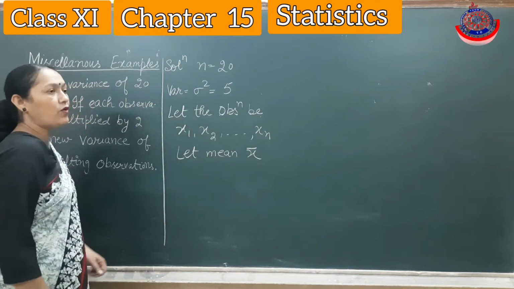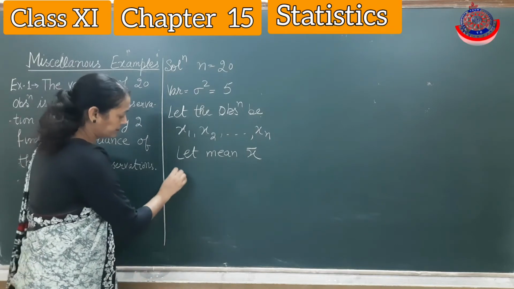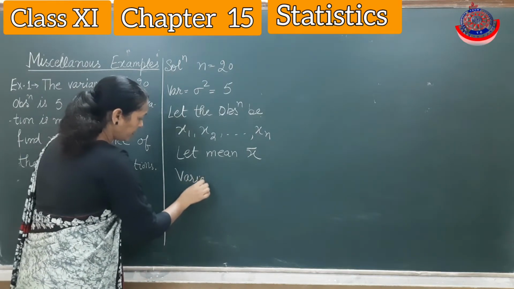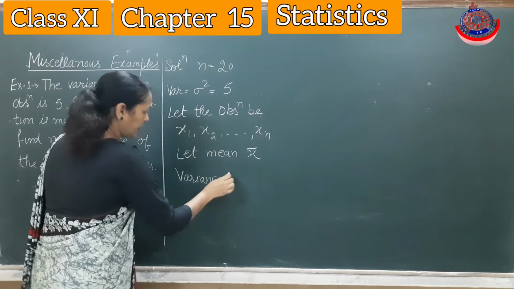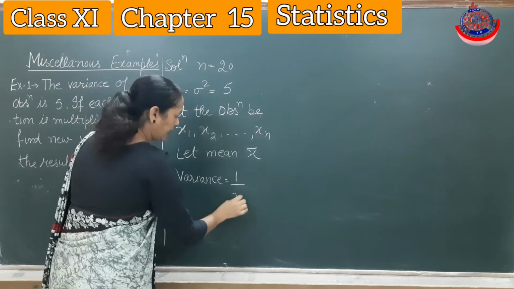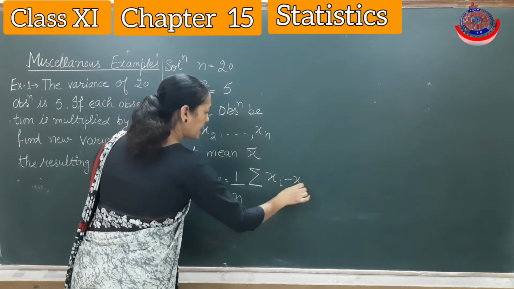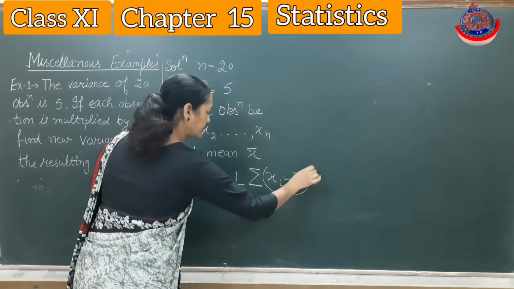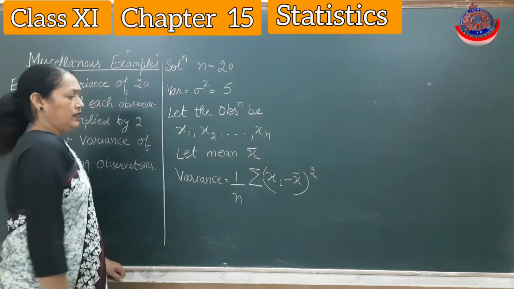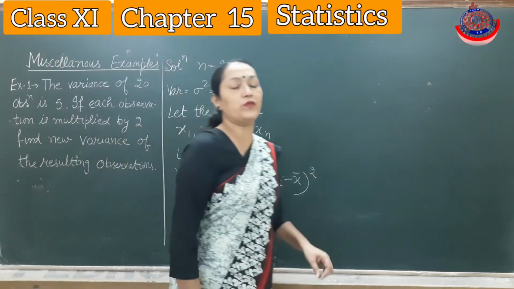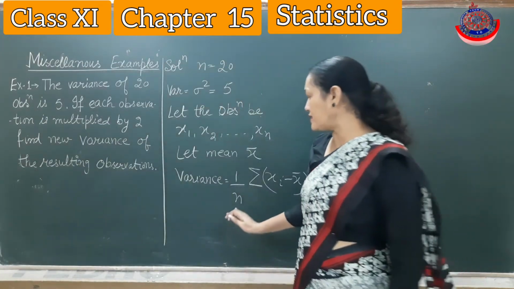So when we write the formula of variance, we know that variance is calculated as 1 upon n sigma xi minus x bar whole square. Now variance is given to be 5 and n is 20.